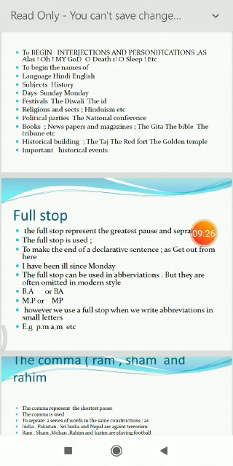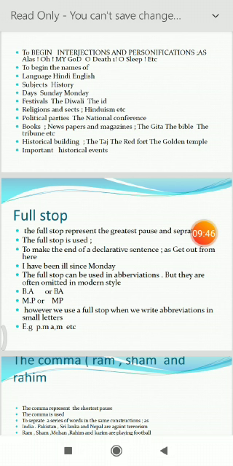The full stop can be used in abbreviations but is often omitted in the modern style, that is BA, MA, MP, UN, U.N.O., and in modern style UNO.